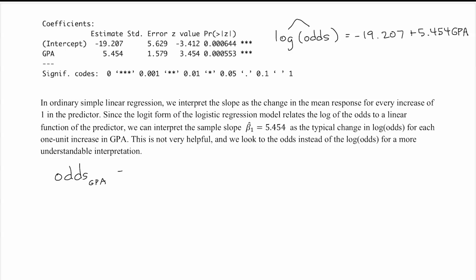So first of all, the odds of being accepted, not the probability, but the odds for some GPA is given by, so I'm exponentiating both sides of that model equation up there, e to the negative 19.207 plus 5.454 times GPA.